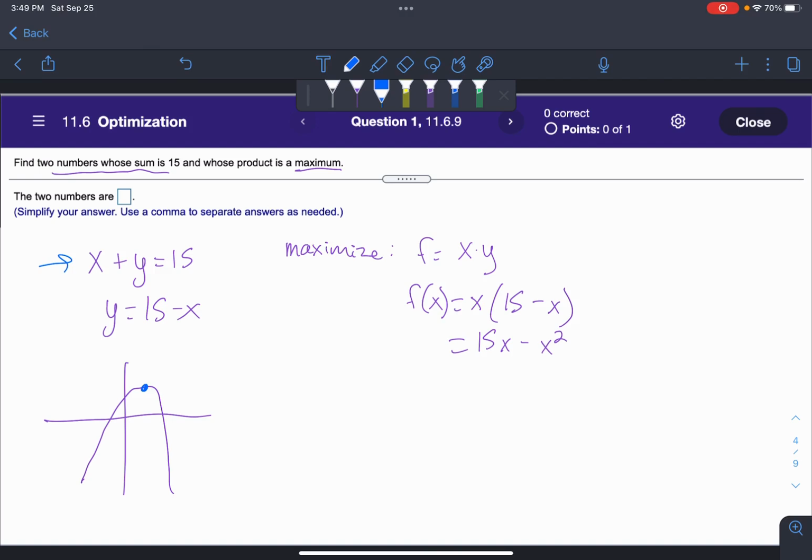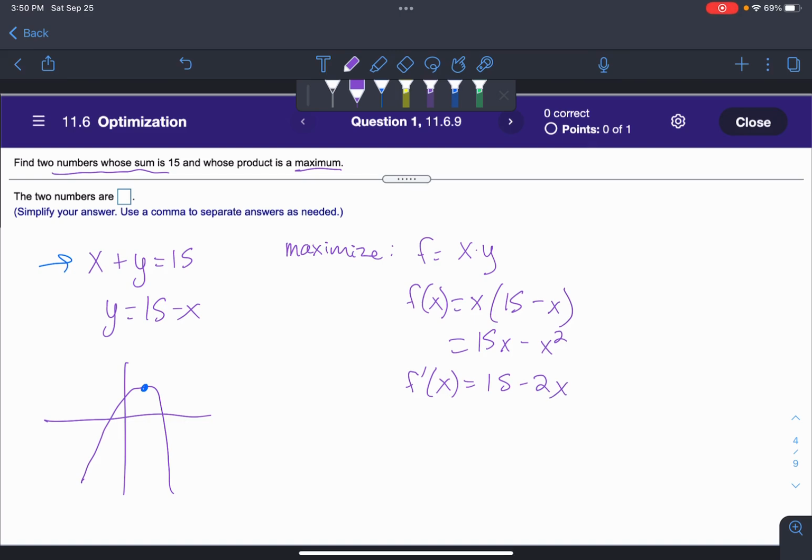All right, so looking back to 11.5, when we were talking about maxima, we used the first derivative. And this allowed us to find potential points that were mins and maxes. So we take the derivative, we get 15 minus 2x. And so now I want critical points.